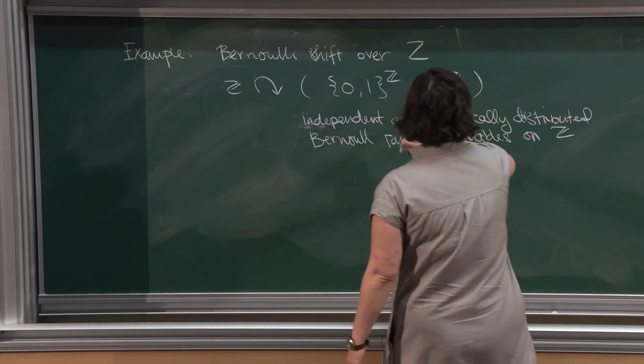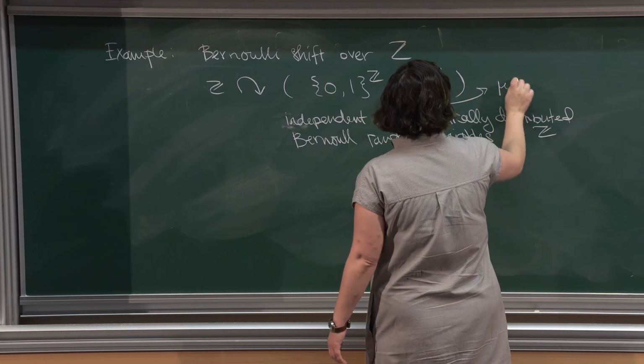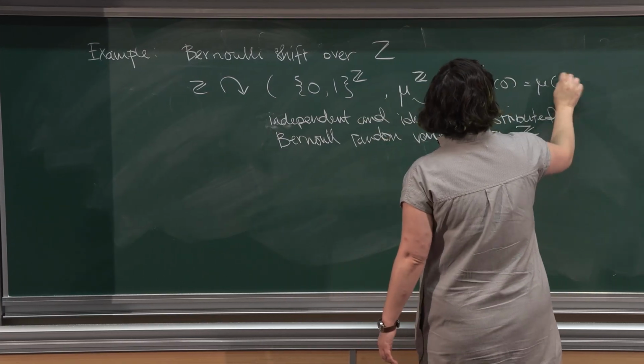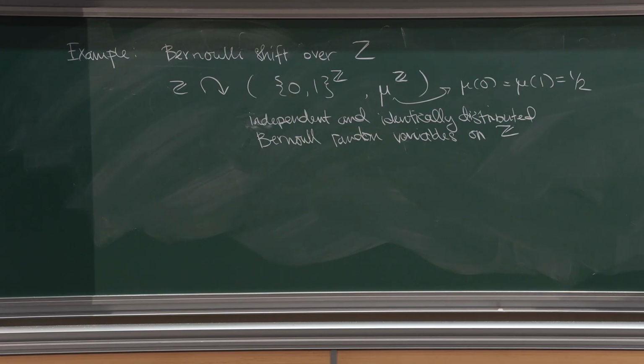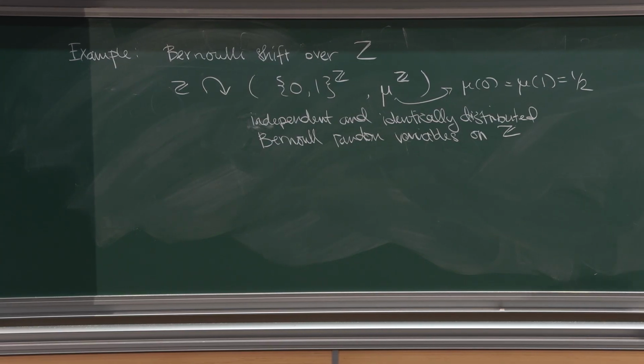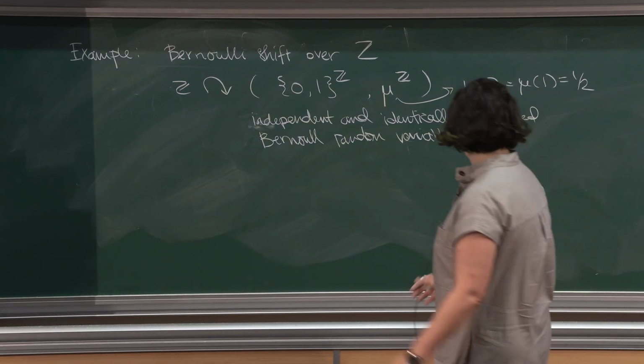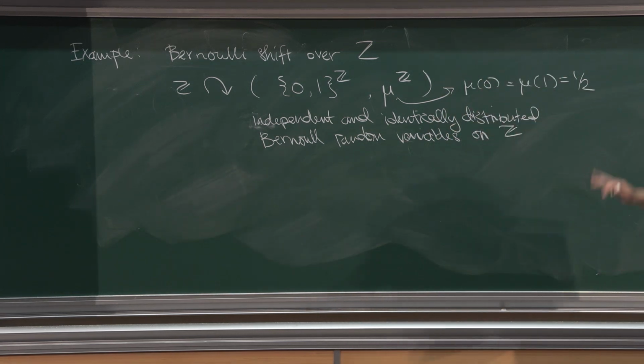Maybe mu doesn't have to be this, but it's any probability measure on {0,1}. We'll just do this to be explicit. So you have this space {0,1}^Z. You can act by Z, and you end up with another element in that space. Our Bernoulli random variables are IID, so this is a measure-preserving dynamical system.